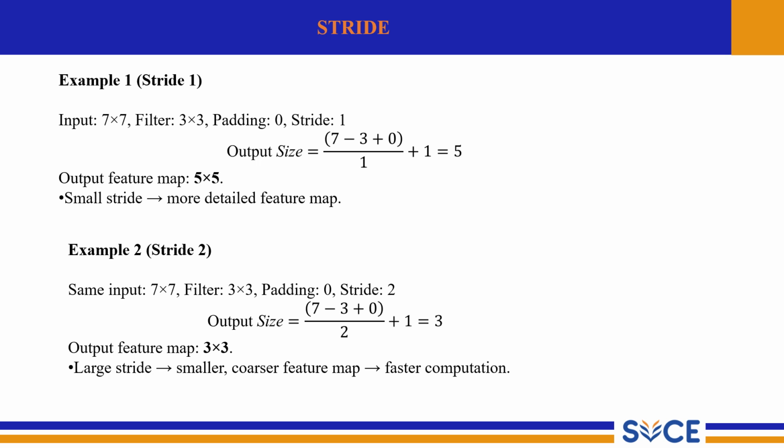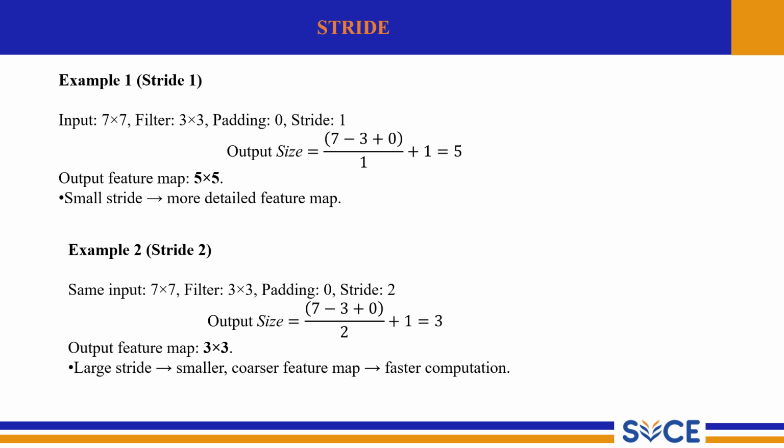Next, the example for stride 2. Input size is 7 by 7, filter size is 3 by 3, padding is 0 and stride is 2. Using the output size formula, output size equals (7 minus 3 plus 0) divided by 2, plus 1, equals 4 divided by 2 plus 1, equals 2 plus 1, equals 3.